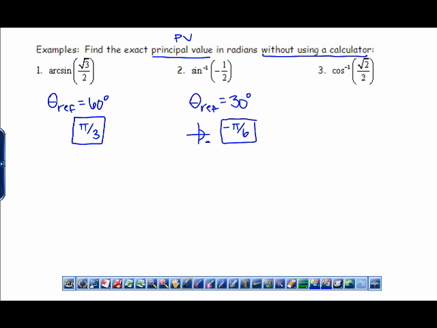But I do have to recall what the angle is. And the reference angle here is 45 degrees. So you just have to write that in radians, pi over 4. If this had been negative, we would have to place it in the correct quadrant. We'll get more practice on that.